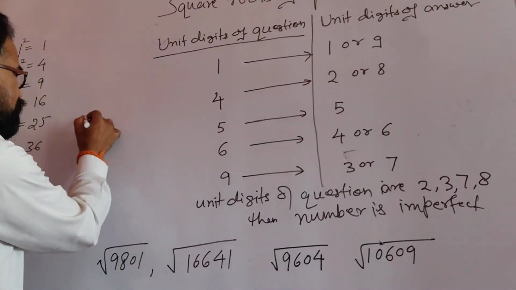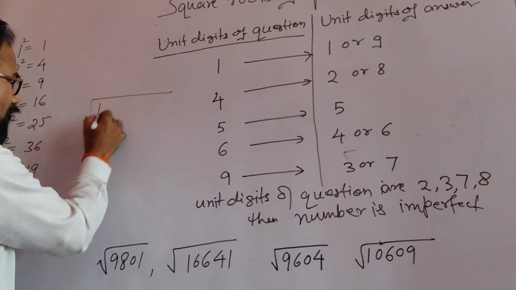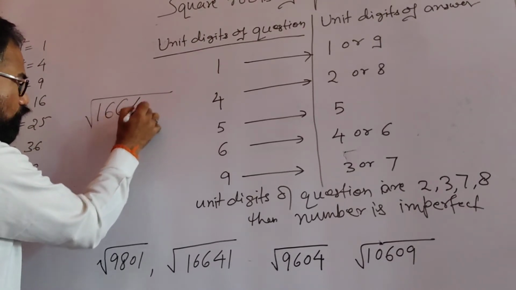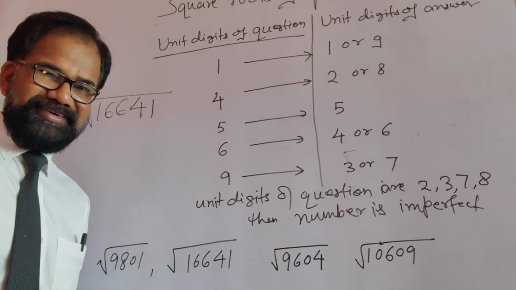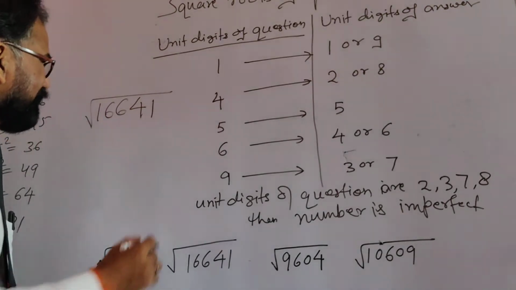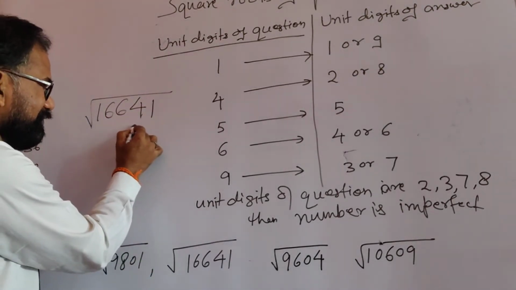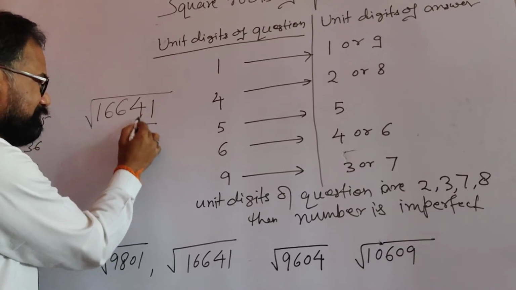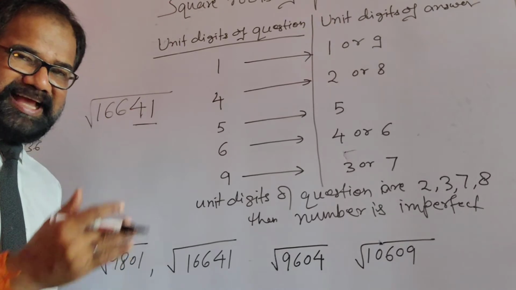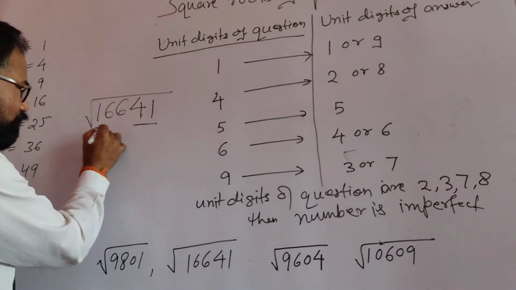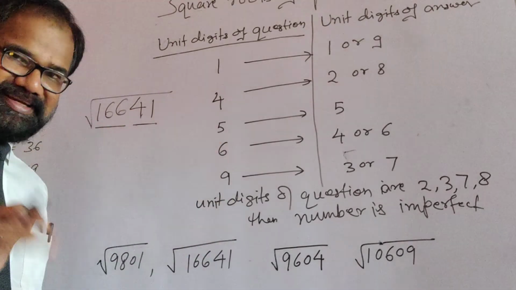Example: square root of 16641. Again, from the right, put a bar taking 2 digits at a time, and the rest of the digits put one more bar, right?